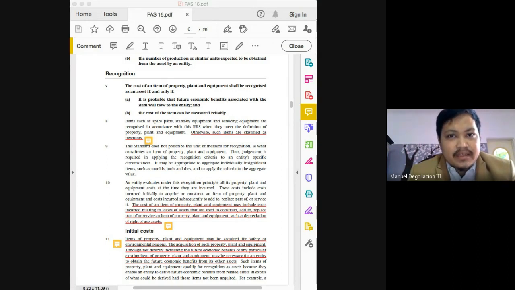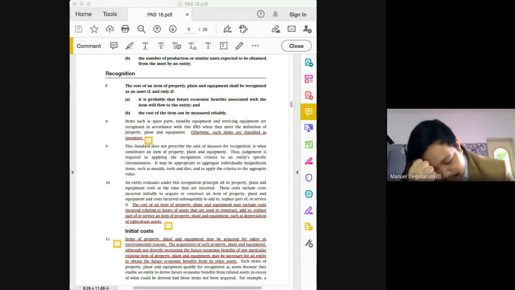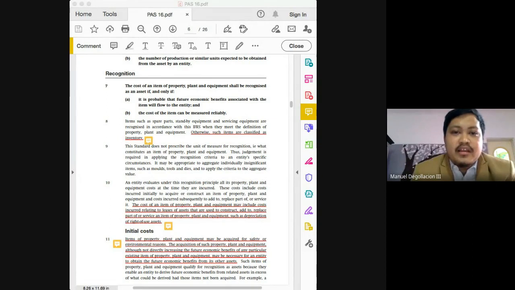Not just in PAS 16, if you go back also to PAS 2, class, very similar, and to the other standards that govern specific assets and liabilities, the criteria for recognition of the asset or liability is very common. You will have two common criteria: probability of the economic benefits and the cost can be measured reliably.